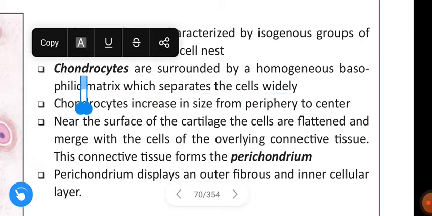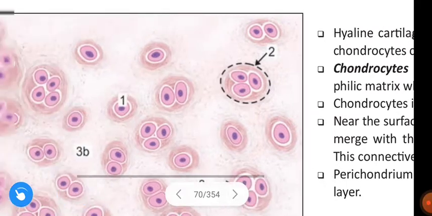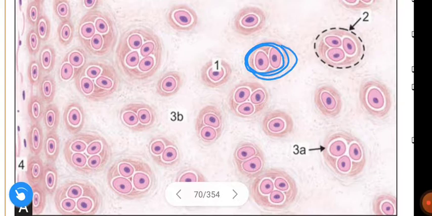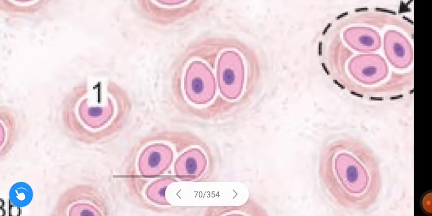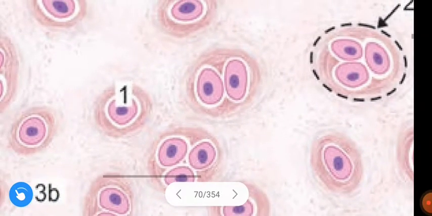See here, this is the basophilic matrix, and this basophilic matrix is divided into two types. This is the territorial matrix, which is between the two cells in a cell nest.